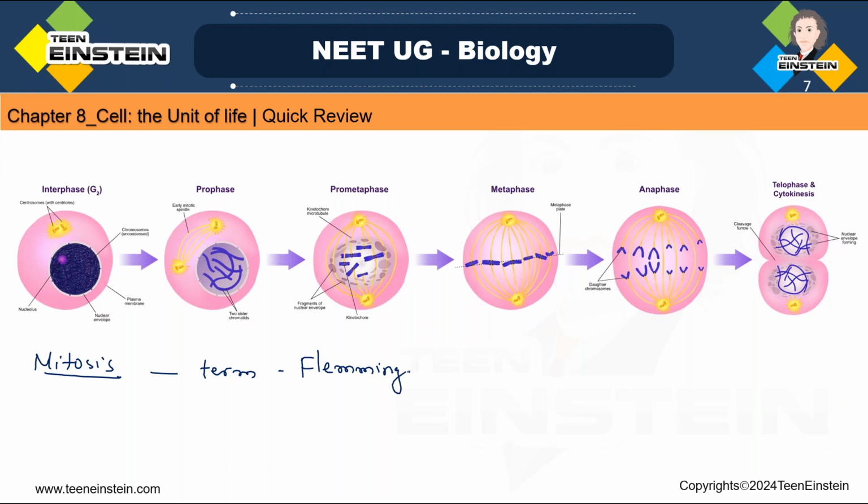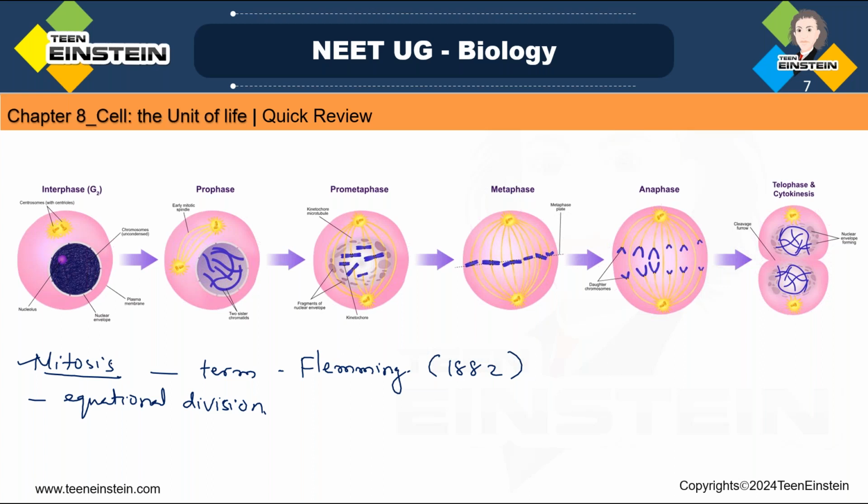The term mitosis was given by Fleming in 1882. Mitosis is also called equational division.